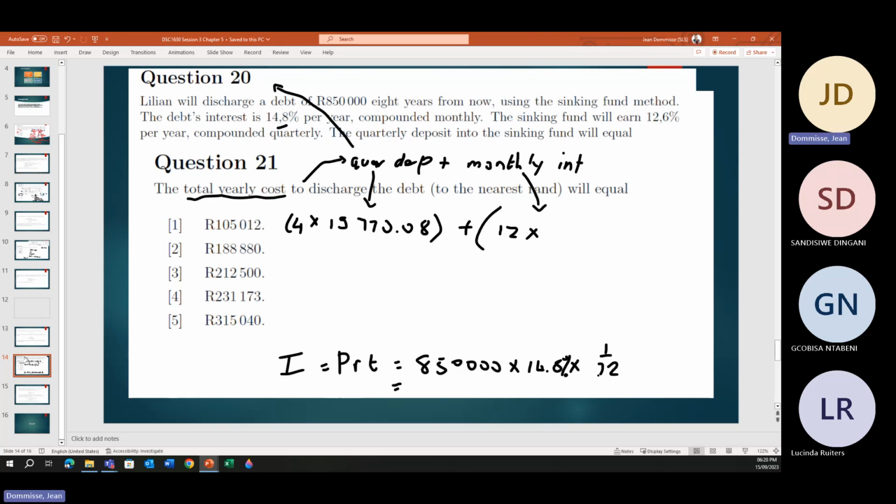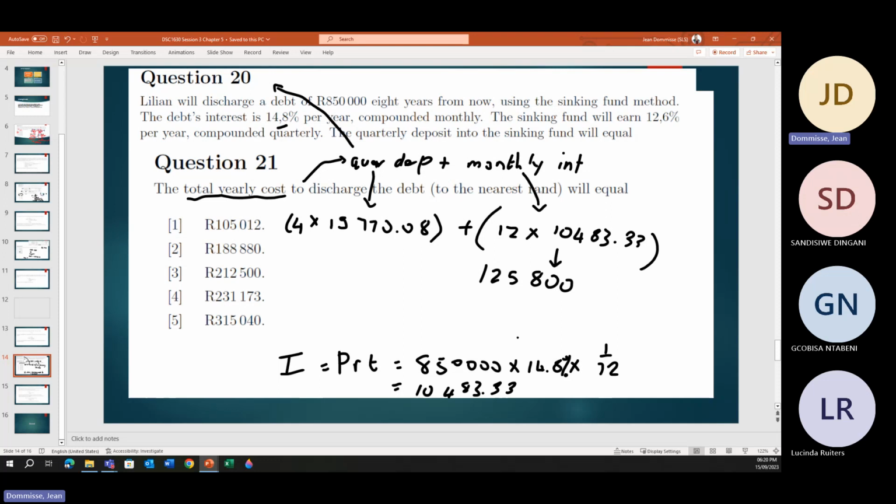So 850,000 times 14.8% divided by 12 gives you 10,483.33. If we didn't divide by 12, we would have gotten 125,800. So again, if you multiply 12 by the 10,483.33, that is what you will get.